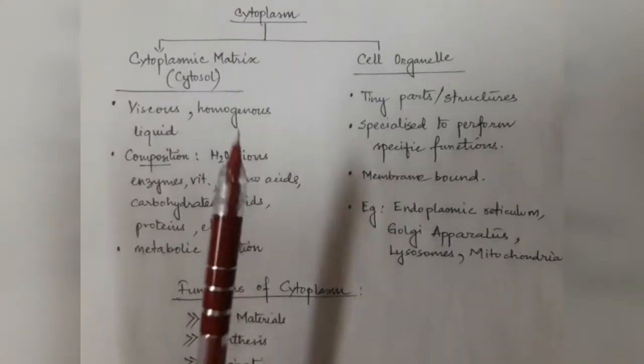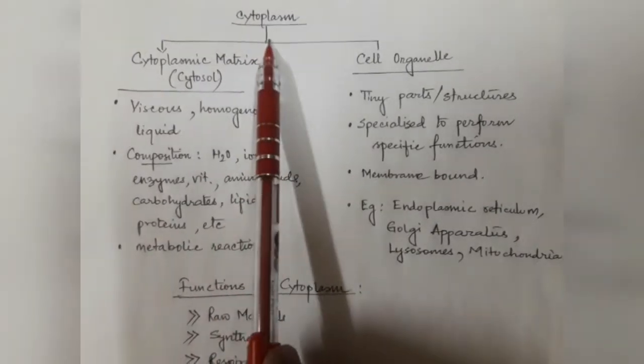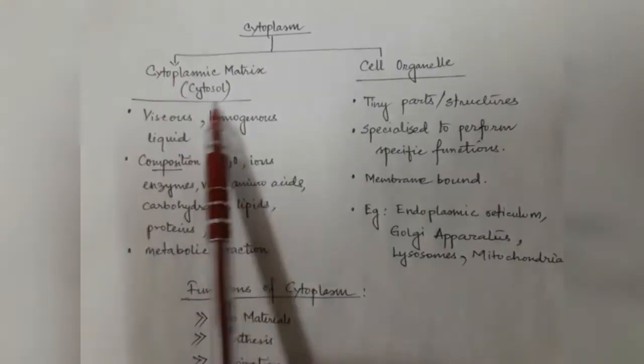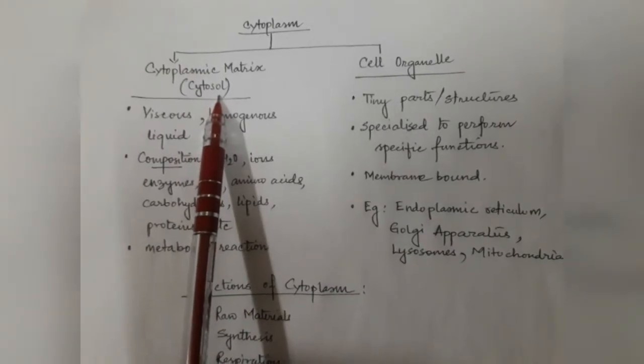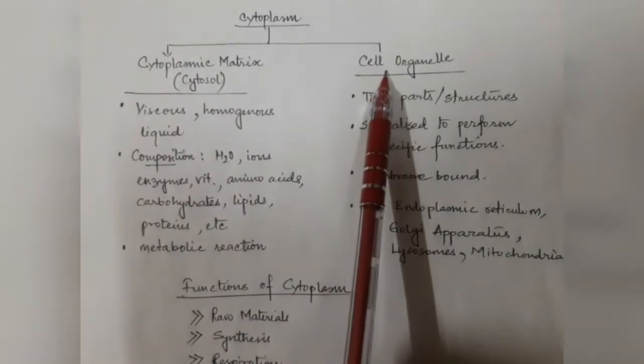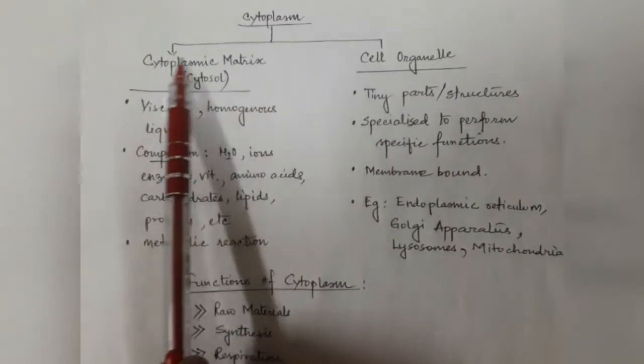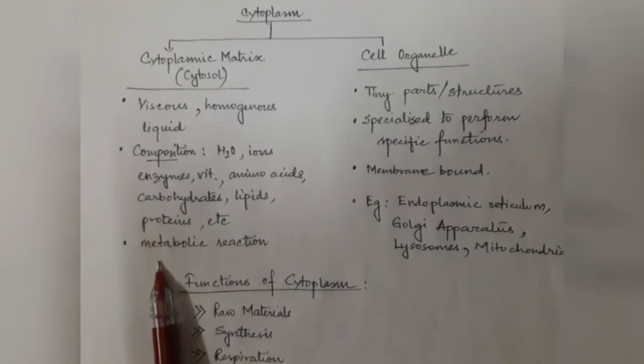So we were talking about two parts of the cytoplasm, right? Cytoplasmic matrix, which is also known as cytosol, and cell organelle, right? So let us just come one after the other.